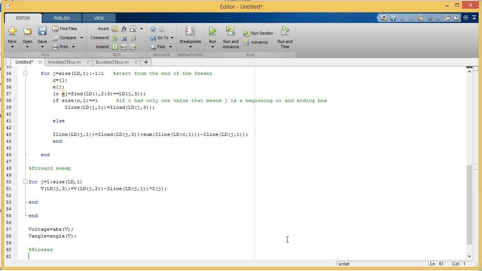The losses are basically P losses is equal to the real part of Z multiplied by the current squared.